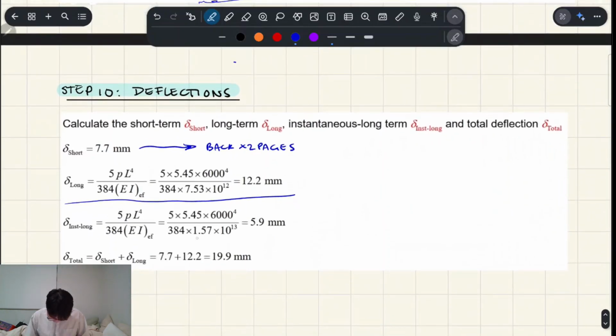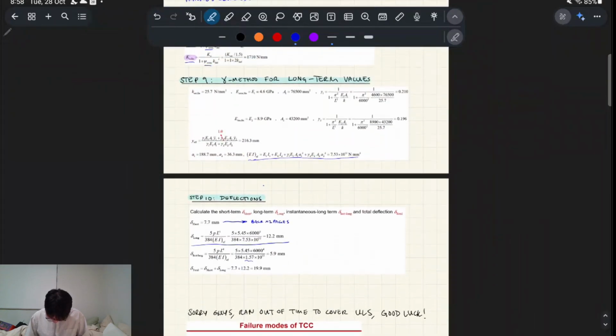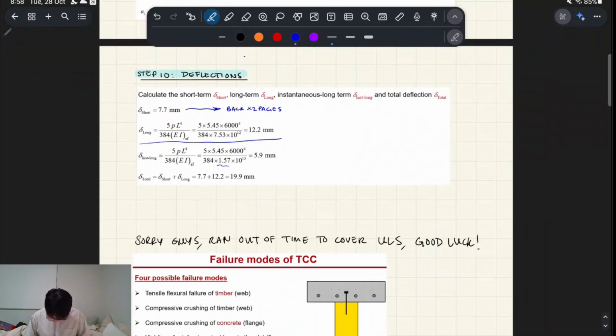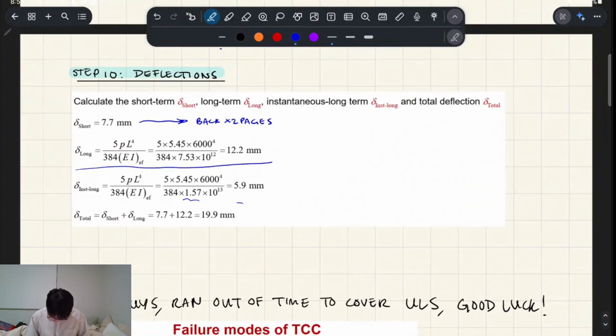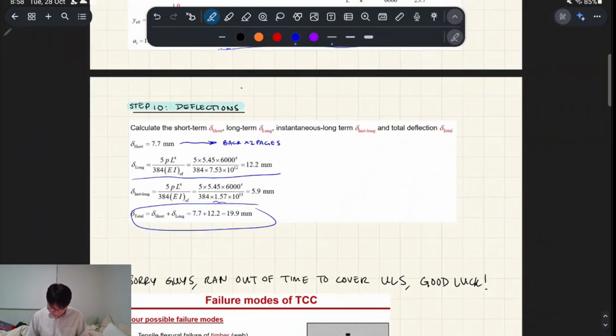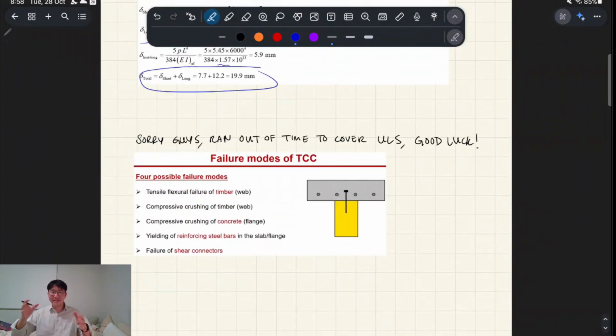And what's this thing? Instant long. Not sure what this is. Not sure what that is. And then your total deflection is that. And then I haven't even talked about the failure of concrete, like strength failure of timber concrete composites. So good luck.